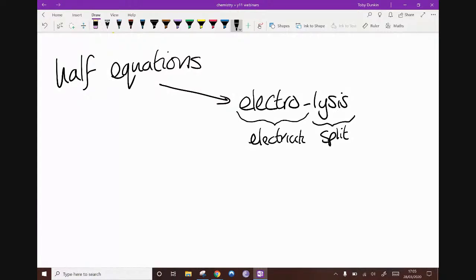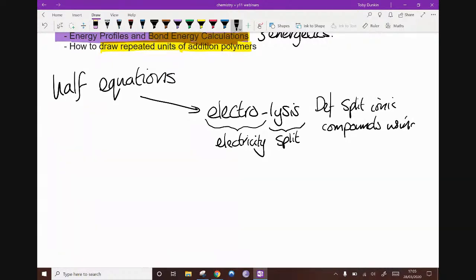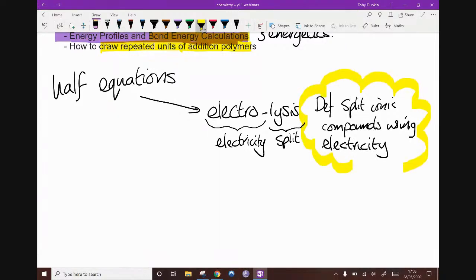So this is splitting, and this leads us to our definition: to split ionic compounds using electricity. That's the only place where you're going to see electrons at GCSE. So I'm just going to put that in a bubble.